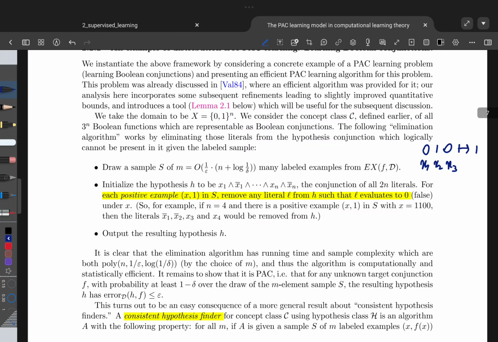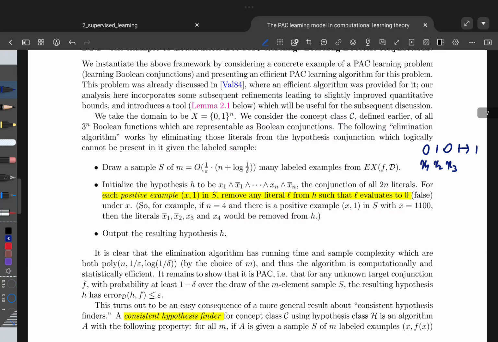With one training sample, it may not be sufficient to say, but from this I can eliminate those with x1 equal to 1, x2 equal to 0, x3 equal to 1.